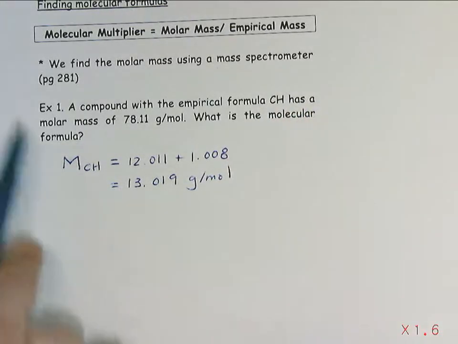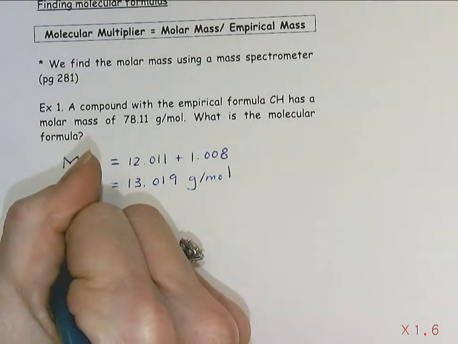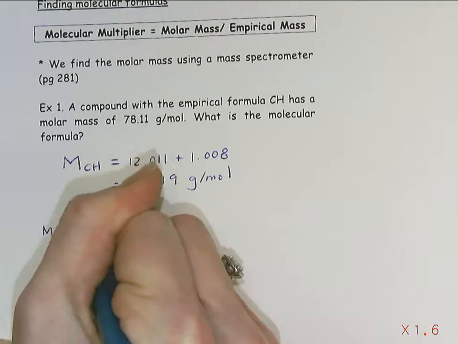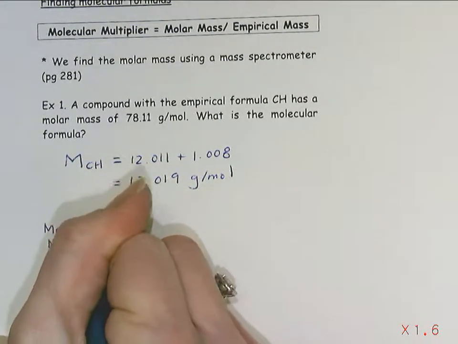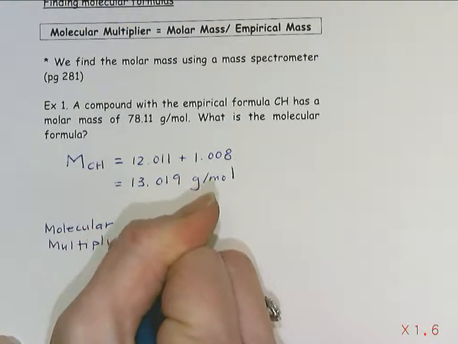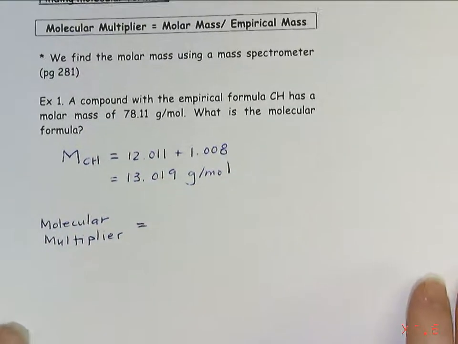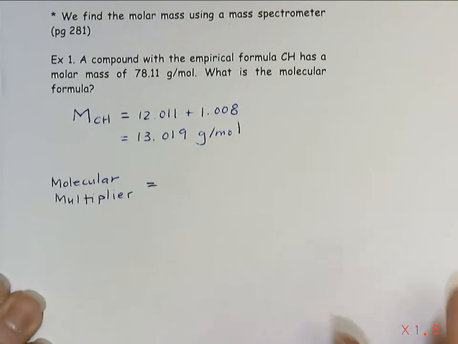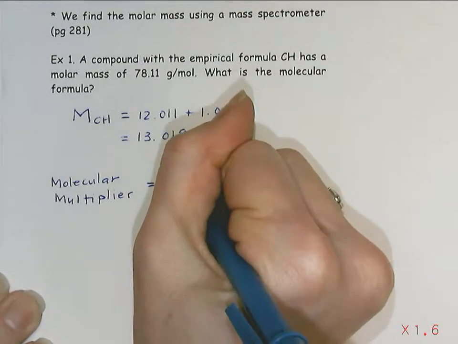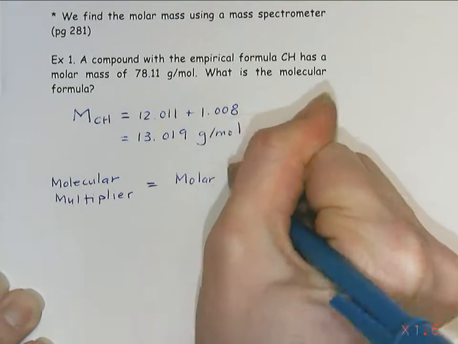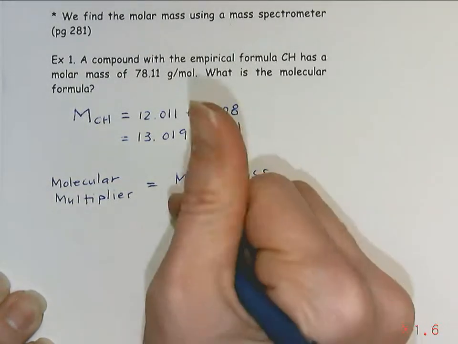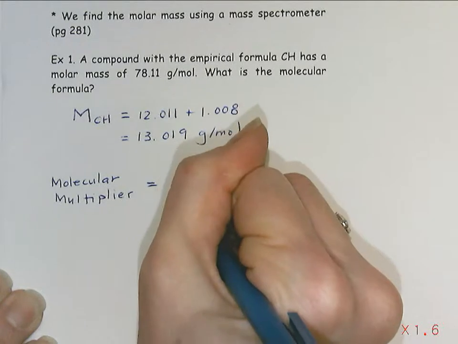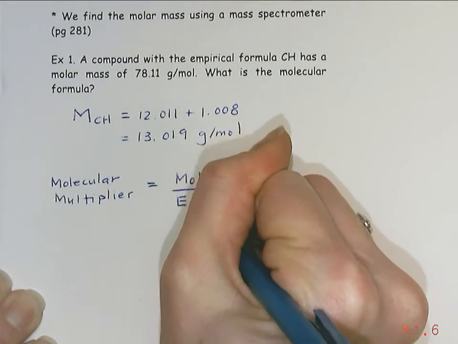I'm going to go ahead and calculate this molecular multiplier. What you do is take the molar mass that was given in the problem, and that's the molar mass of the actual compound found by using that mass spectrometer, and we're going to divide that by the empirical mass that we just calculated.